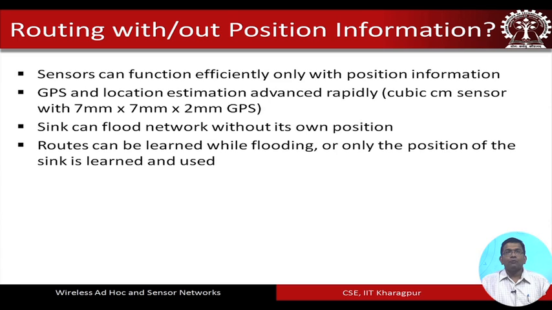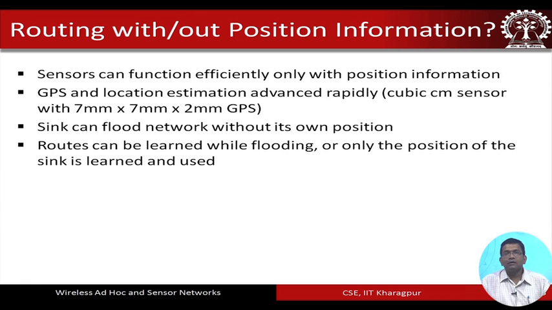It has been shown that if the exact geographic position information of these different nodes is known, then routing can be performed much more efficiently compared to when this position information is not known. But at the same time, it is not that we need only the GPS-based ones or only the ones without.